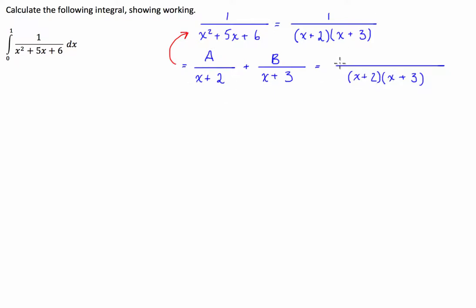So I'm going to have A times x plus 3. Then to that I'm going to add, to get this fraction to look like this, I have to multiply both numerator and denominator by x plus 2.